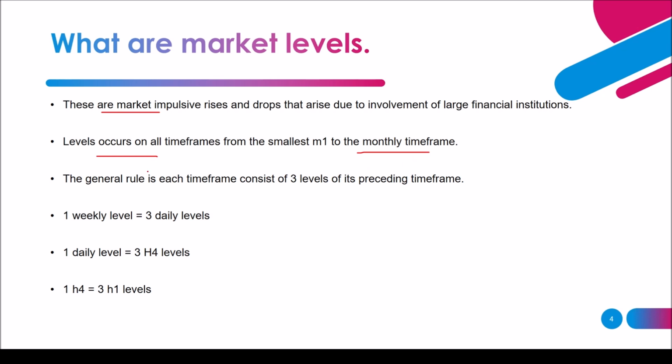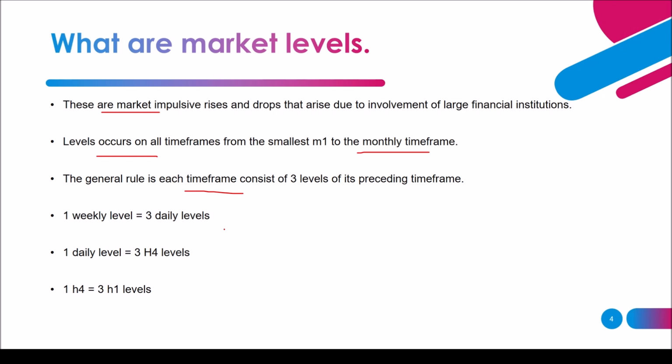The general rule is each time frame consists of 3 levels of its preceding time frame. What do we mean by that? If you open a chart, look at that time frame, and always expect to see 3 levels of its preceding time frame in order to form one level of the time frame that you're observing.